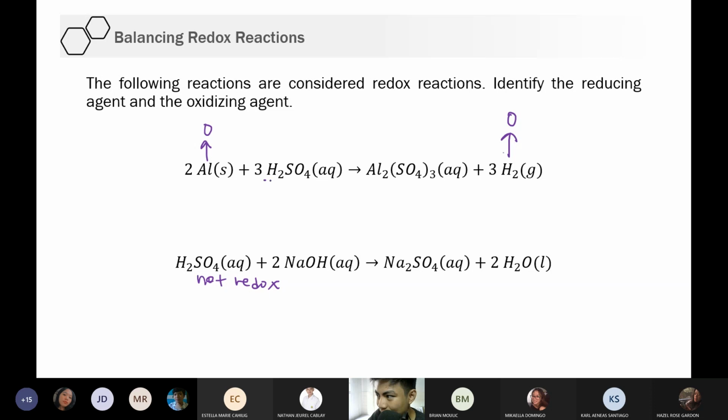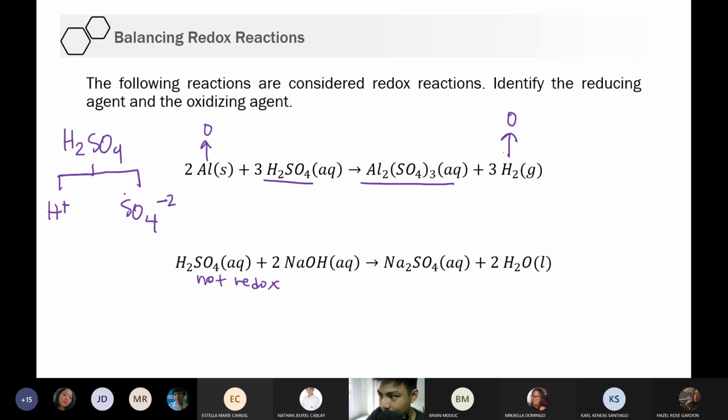Okay. Ngayon, ito na naman yung problema natin. H2SO4, Al2(SO4)3. So, ano sabi ko dito? Kapag ganyan, you split this into cation and anion para mas madali makita. Okay? So, ano yung cation dito? Ano yung anion? H plus, SO4 negative 2.